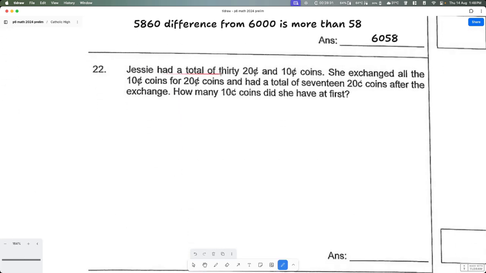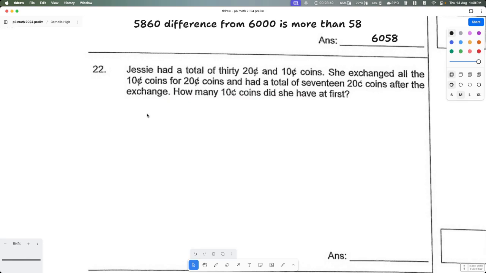Jesse had a total of 30 20-cent and 10-cent coins. She exchanged all the 10-cent coins for 20-cent coins and had a total of 17 20-cent coins after the exchange. How many 10-cent coins did she have at first?